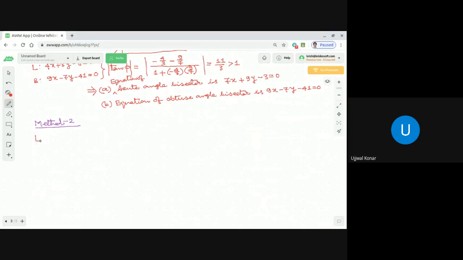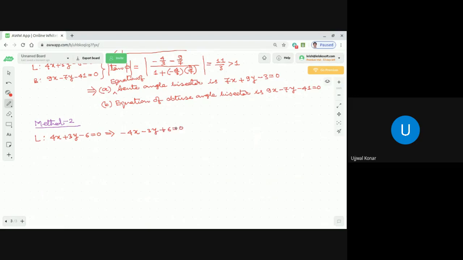Okay, so the equation of the straight line L is given as 4x plus 3y minus 6 equal to 0. Now as we see that it is minus 6, we should multiply by minus 1 so that we get plus 6. So that implies minus 4x minus 3y plus 6 equal to 0.